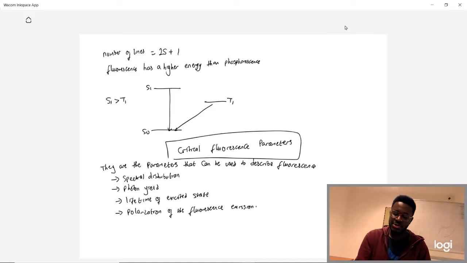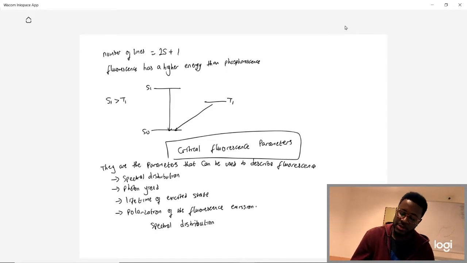Spectral distribution. We have two types of spectral distribution, right? What are the two types? Emission spectra and excitation spectra. Exactly.